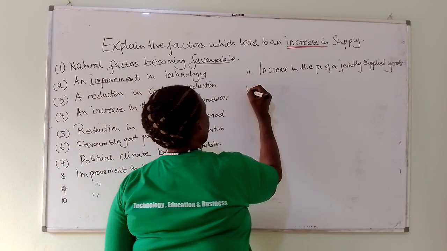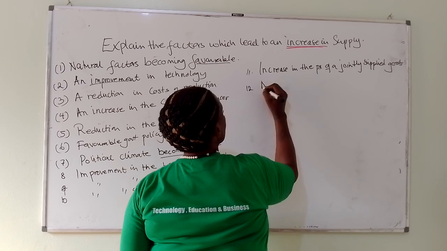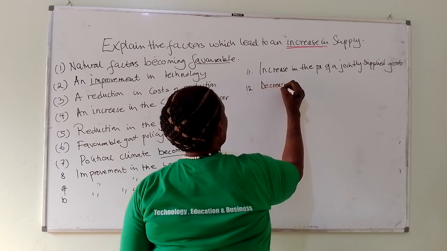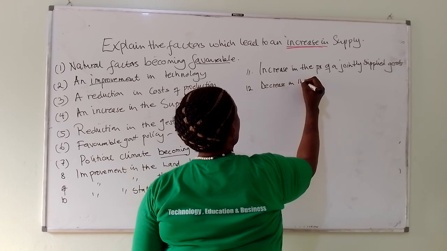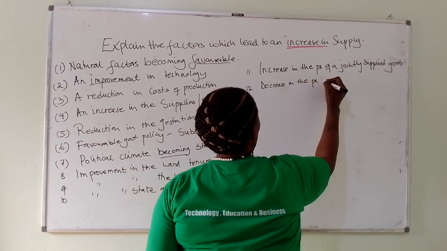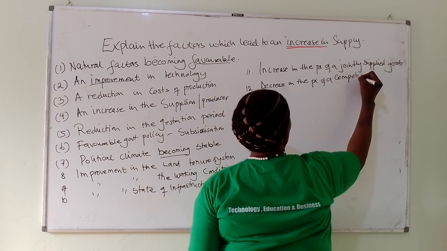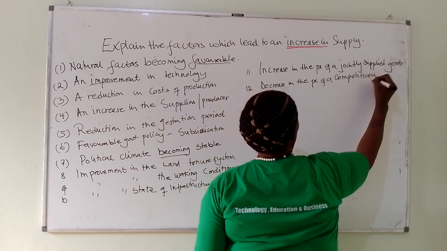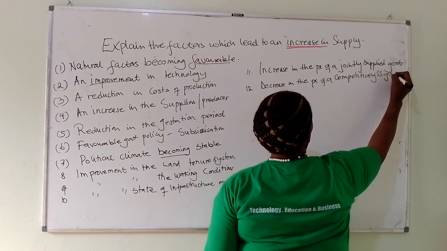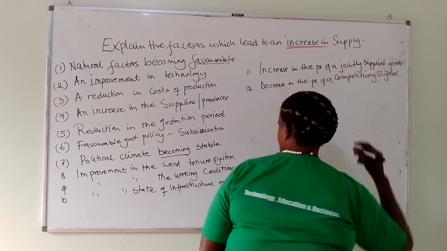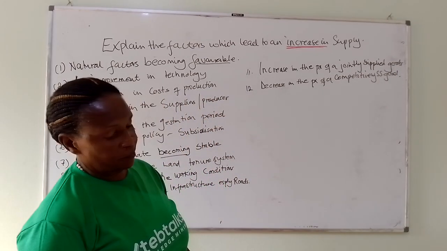Then lastly, we can talk of a decrease in the price of a competitively supplied good. These are goods which compete for the same resource to be supplied.